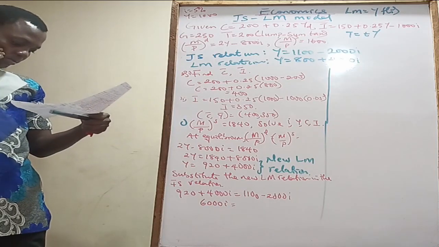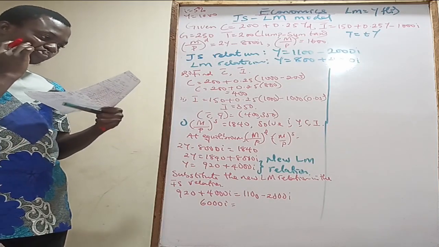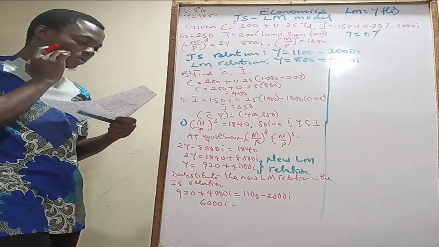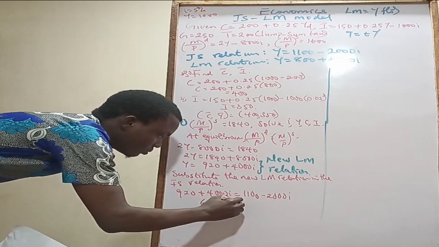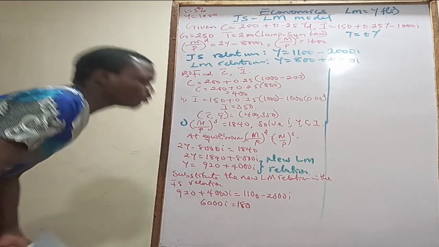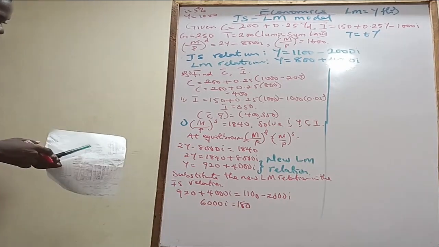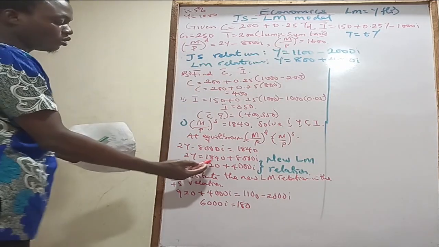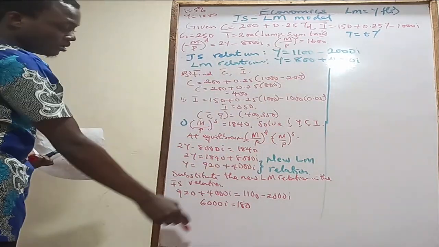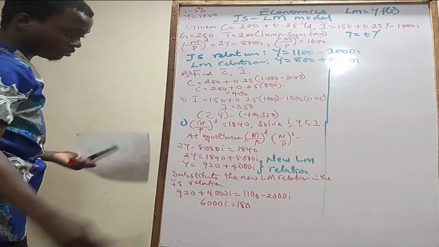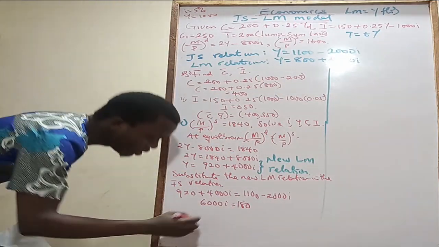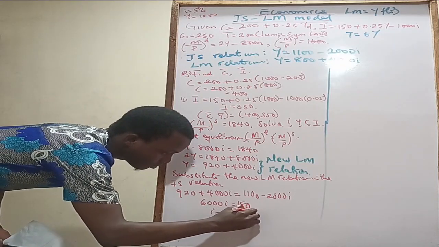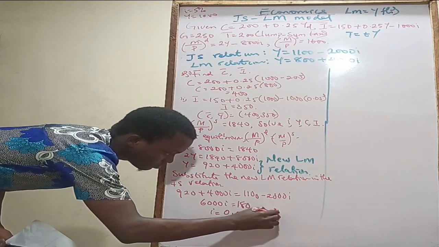Is it 280 or 380? It's 180. Well, it's going to be 180 because initially this wasn't 920, this was 800. So I here equals 0.03, that is 3%.